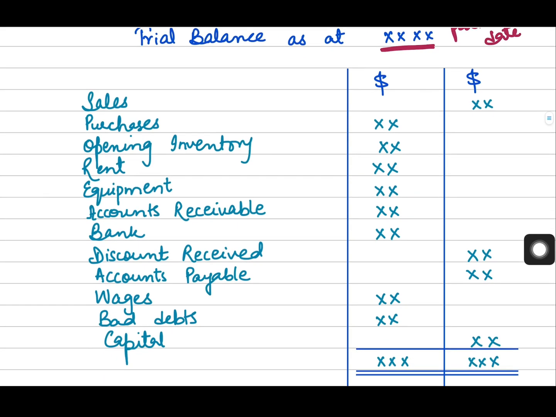All the account balances that have a debit nature are shown in the debit column, for instance your purchases, your inventory, your expenses, your current assets and non-current assets both. Then all the accounts that have a credit nature, for instance sales, your incomes, your capital account, your liabilities, are shown on the credit side.